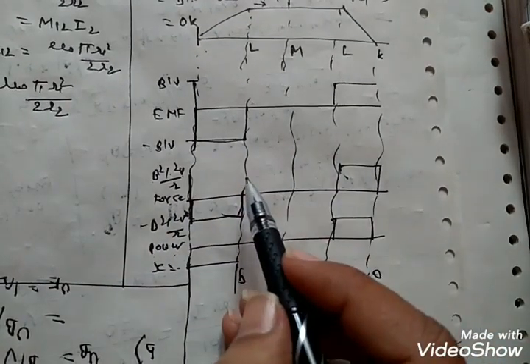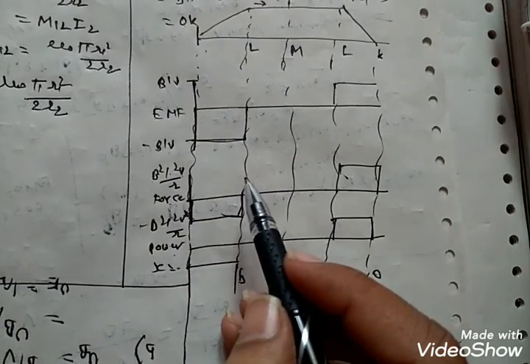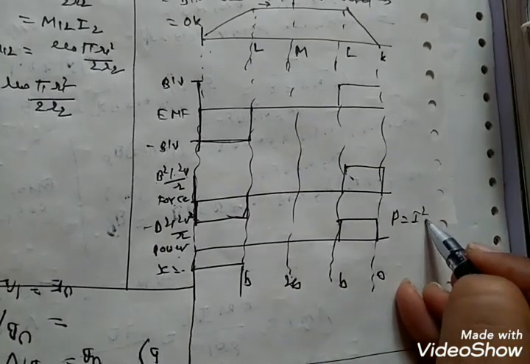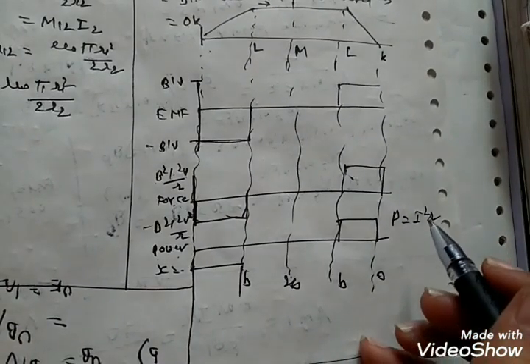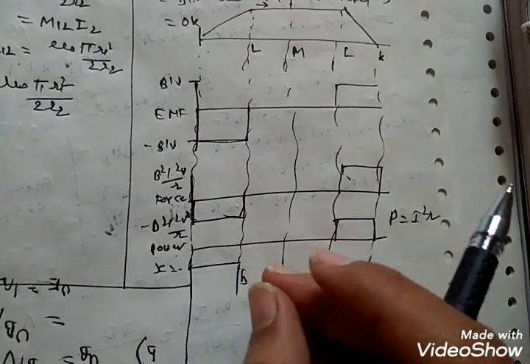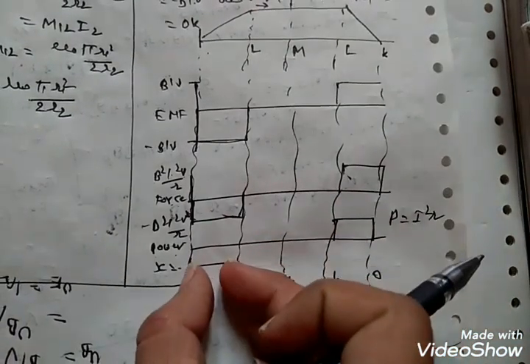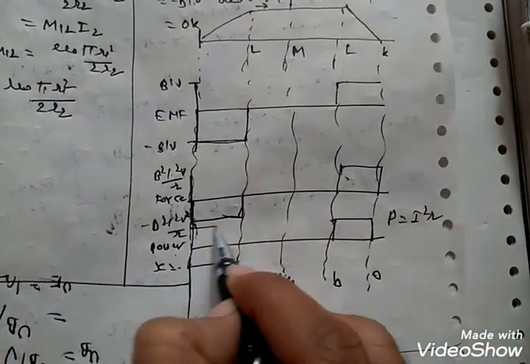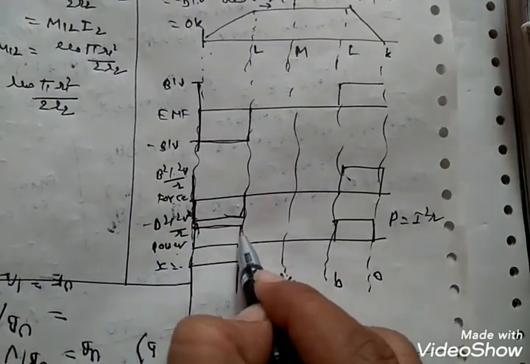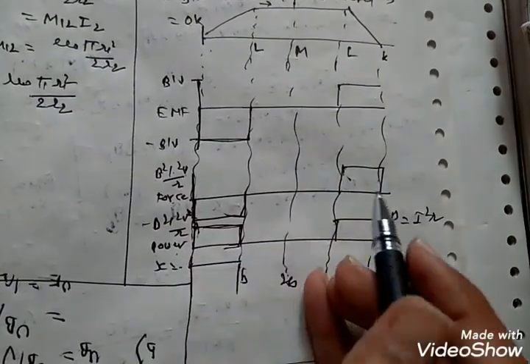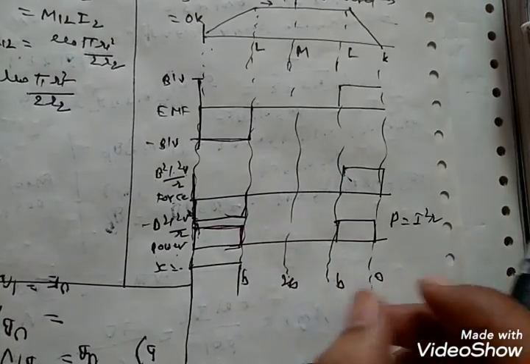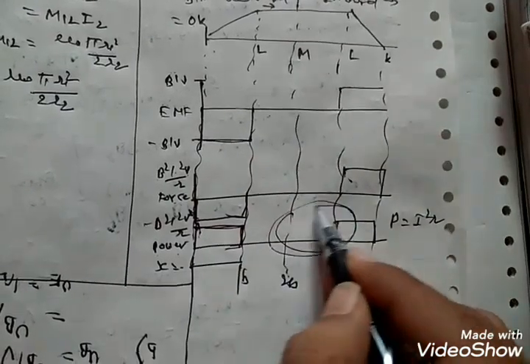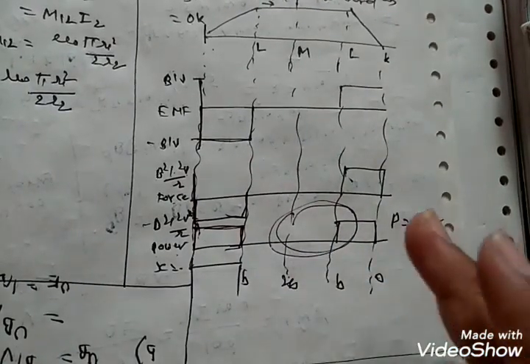Now the Joule heat loss is Pj equal to I square R. The first is between 0 to b in this portion. Between b to 2b it is 0.